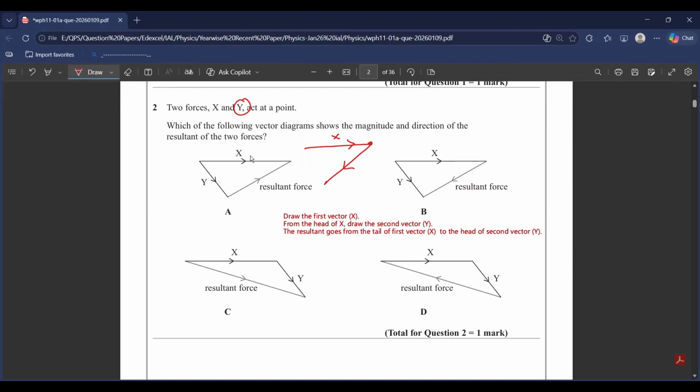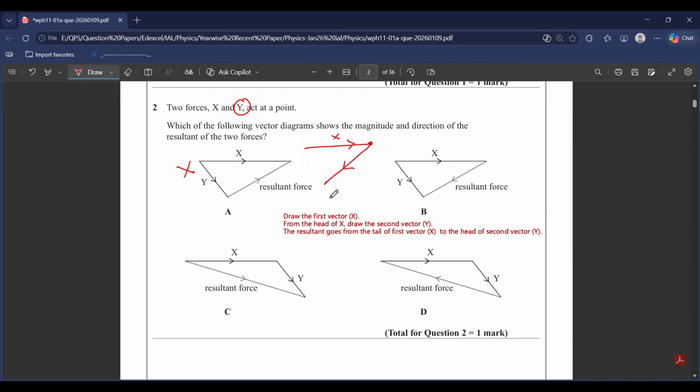Now notice that in option A, we have the tail of the first vector connected to the tail of the second vector. So this will not be the option, right? Let's complete this diagram. According to the rules, the resultant vector has to be connected from the tail.